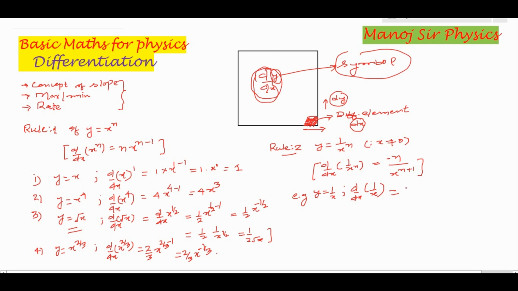That's why I can write minus 1 upon x raised to power 1 plus 1. That will be minus 1 upon x square. Similarly, one more. y is equal to 1 upon x square. And here d by dx of 1 upon x square. Here n is 2. I can write minus 2 upon x raised to power 2 plus 1. And that will be minus 2 upon x cube.